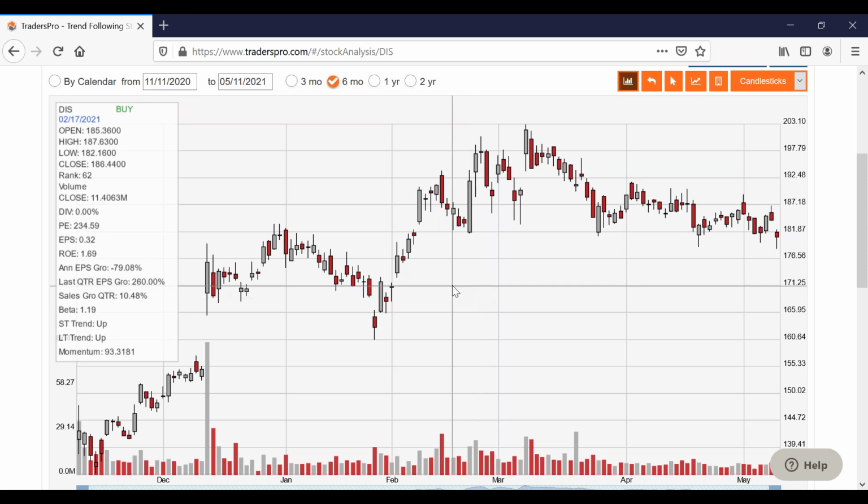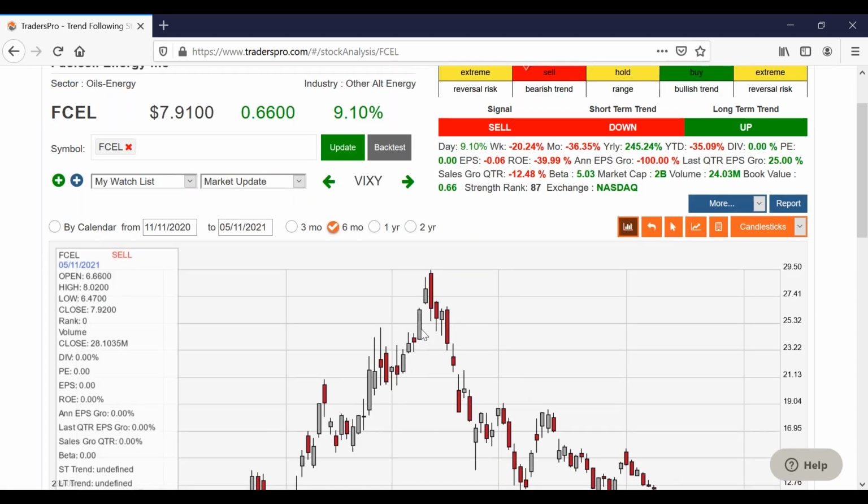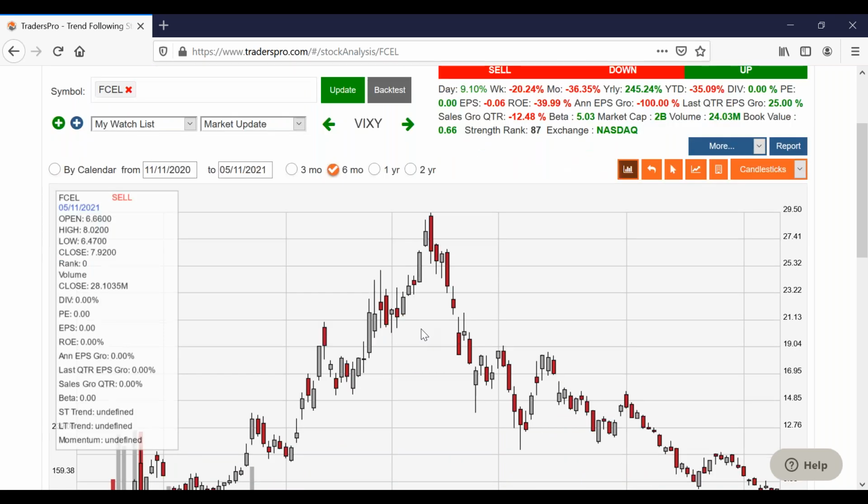All right, let me do a couple bullish ones that are happening right now. There's a lot of them out there, though. I'm just scratching the surface. FCEL, this is one that we don't know if it's going to be an engulfing yet.